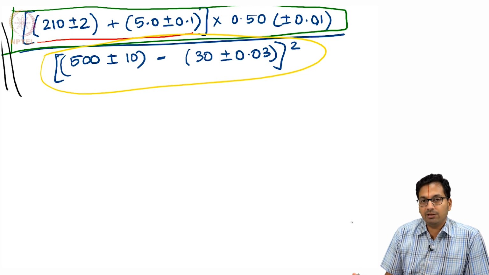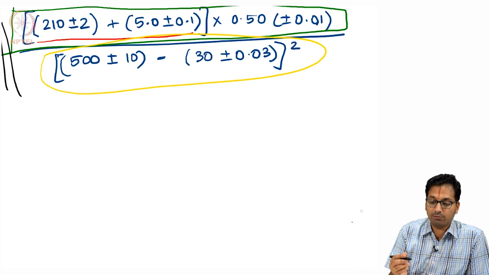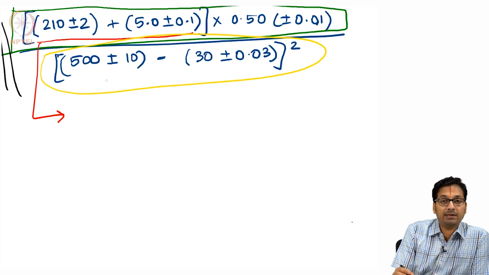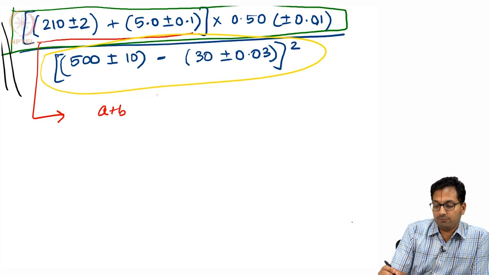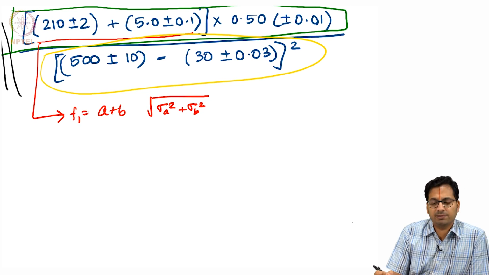So, I am going to leave it to you as an exercise, but what I would like to do is to break it down to pieces so that we understand. The first piece one is able to immediately understand is nothing but a plus b, and here we know for a fact that the error goes as sum of squares of the deviations for each of the measurement. So, let us say I am going to call it f1 just for the sake of simplicity.